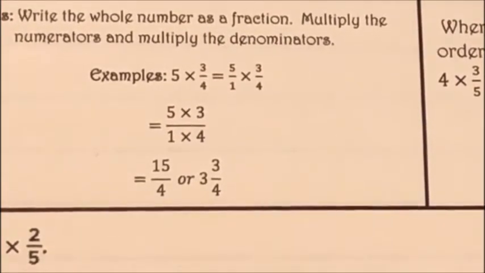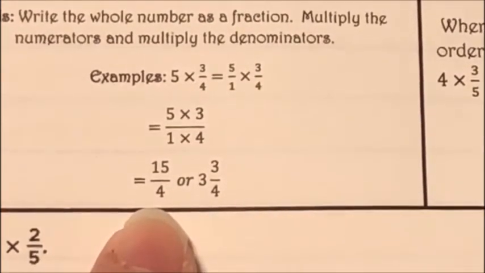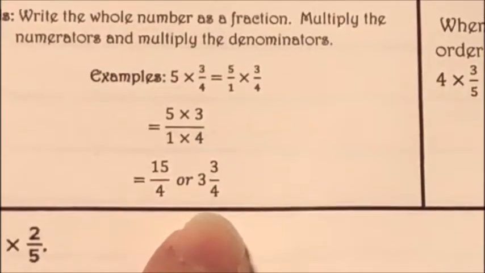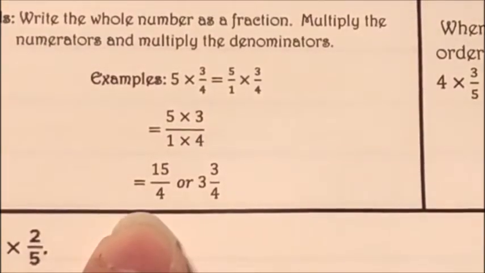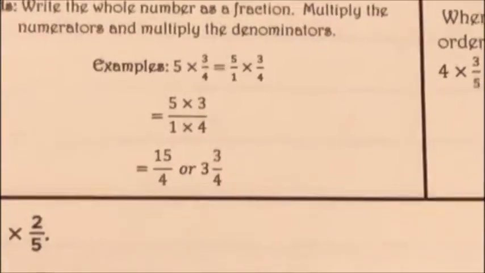So I get 15 over 4, which I can change to a mixed number. 4 goes into 15 3 times, with 3 left over, so 3 and 3/4. Either of these answers would be correct unless it specifically asks to leave it as an improper fraction or to write it as a mixed number.